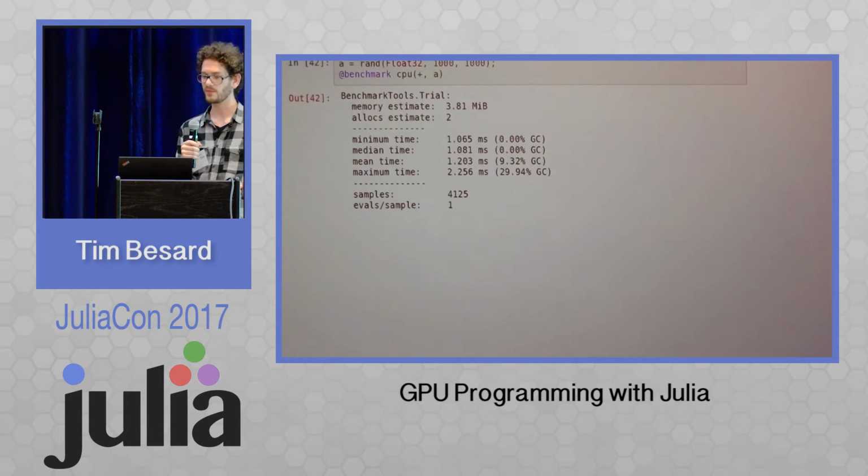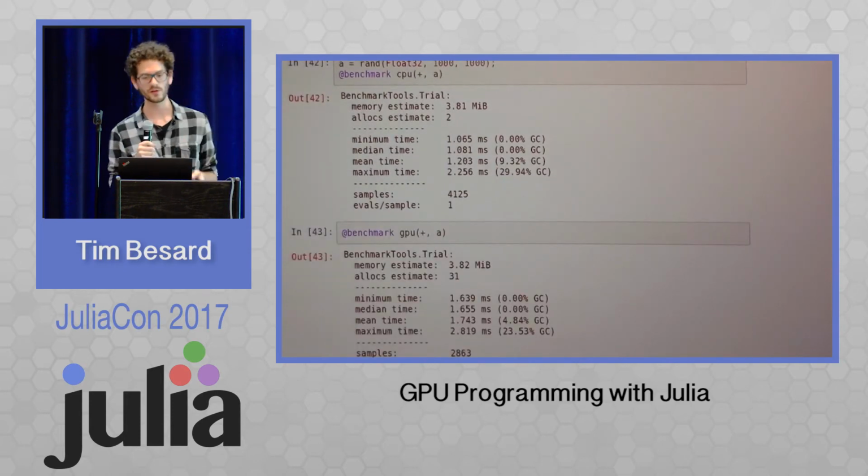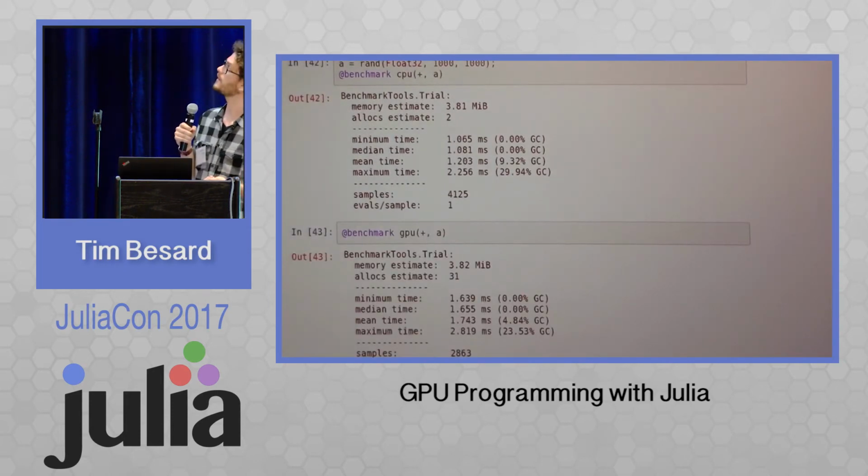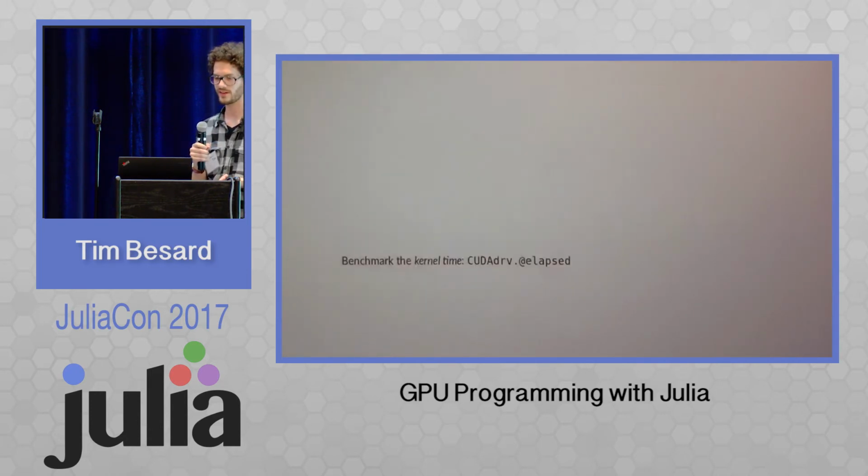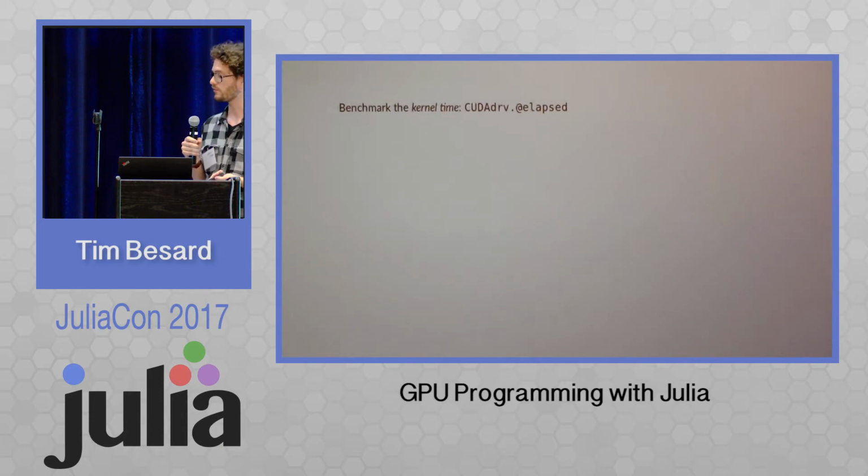However, if we benchmark it, we see that the GPU code is surprisingly slower. How come? Well, Valentin already spoiled the answer. Turns out that there is a lot of memory overhead because of transferring the arguments.